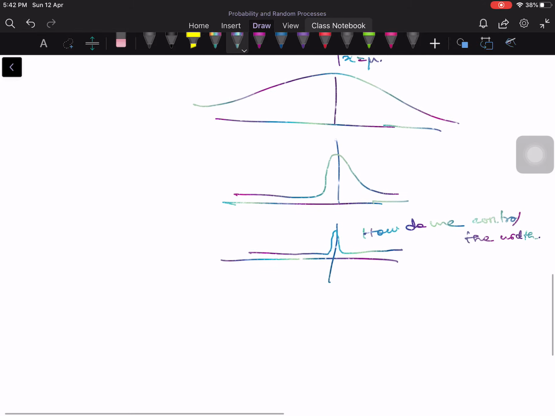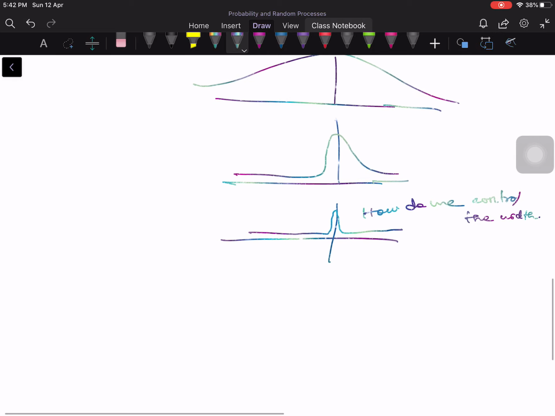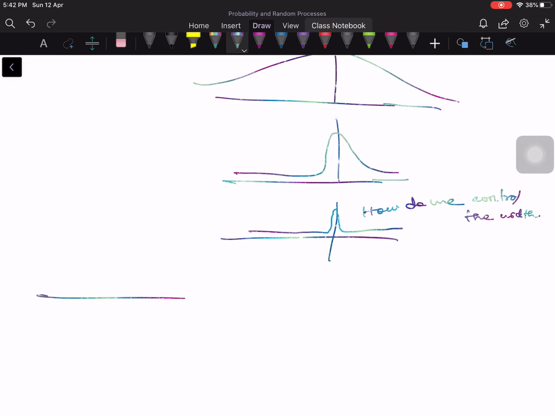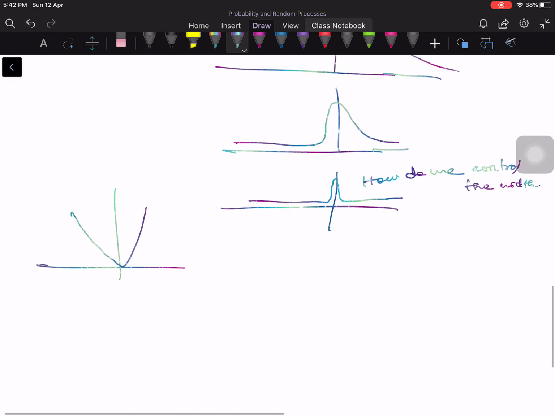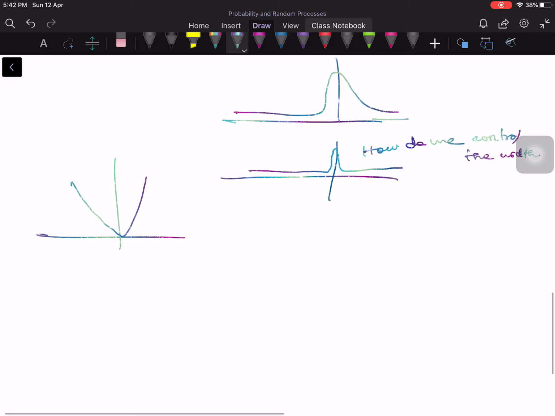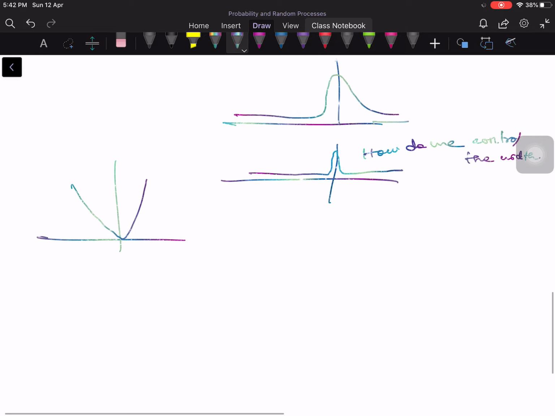So if my parabola is narrower, what is going to happen to the density? It is going to fall off much faster. Why? How do I make my parabola narrower or wider? I do it by putting a constant term down in the x minus mu the whole square.